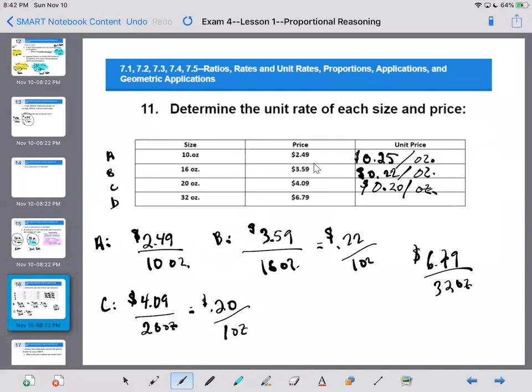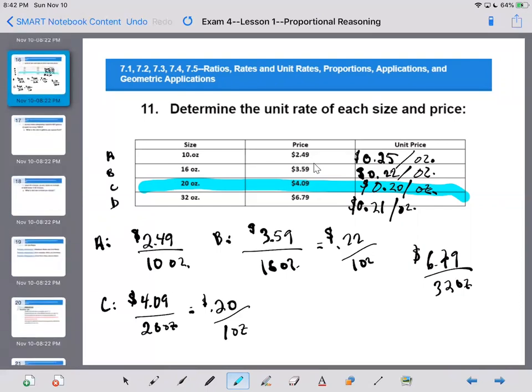So what would that be per ounce? $6.79 divided by 32 would put you at 21 cents per ounce. So the cheapest, by a penny, would be the $4.09 per 20 ounces, which puts you at right at 20 cents per ounce. You're paying the cheapest amount. If that was the question, it could ask you what was the most expensive. But if you can get items down to a unit rate, it's nice to compare.